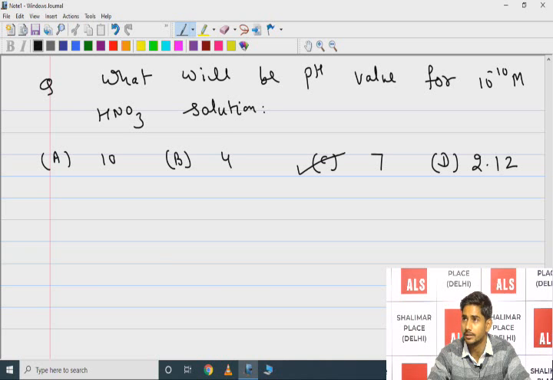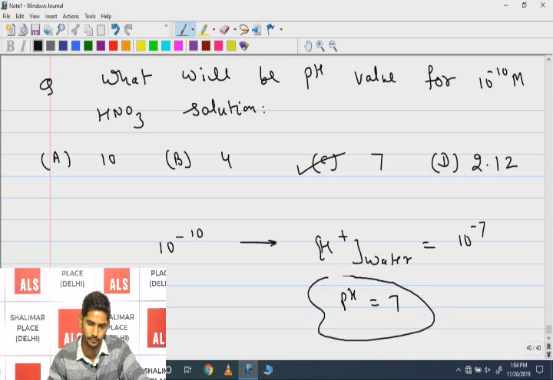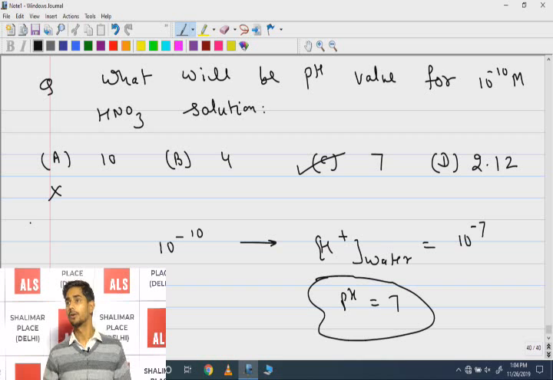What about others? Yes guys, the answer is C. Why? I have just told you, if the concentration is less than 10 to the power minus 8, then we need to consider the H plus of water only. So I'll consider the H plus of water only, which is 10 to the power minus 7. On solving, you will get pH equal to 7. So 10 is an absolutely wrong answer. Got it?